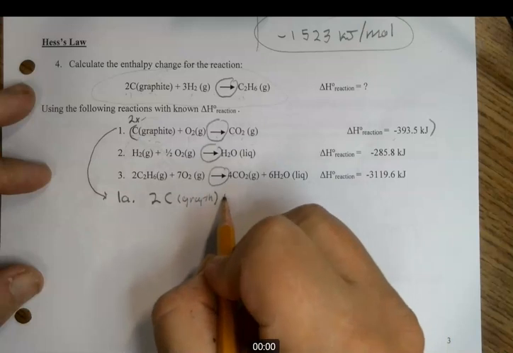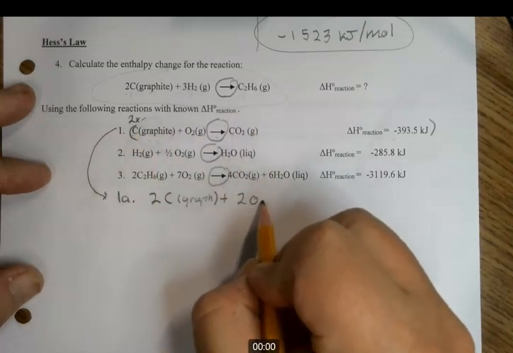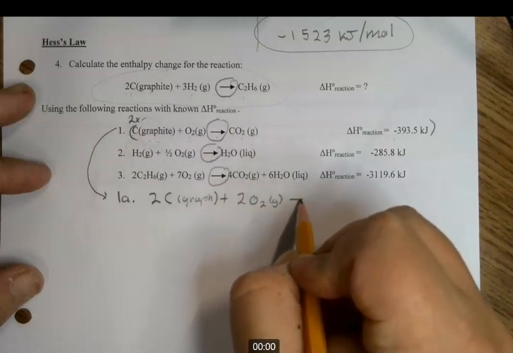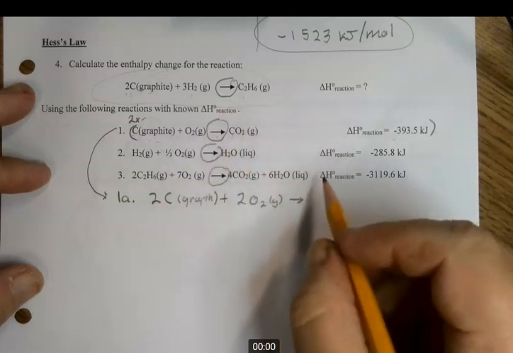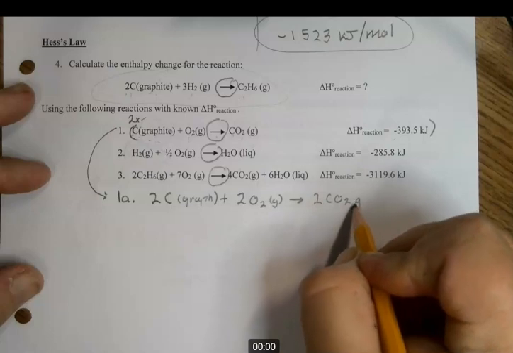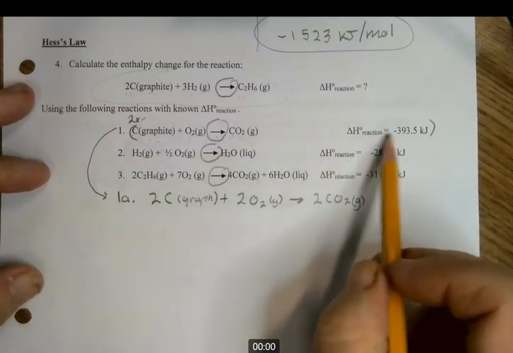Okay, plus we have 2 times O2, so 2O2, and that's a gas. And then we have our arrow, and we have 2CO2. And that's a gas.